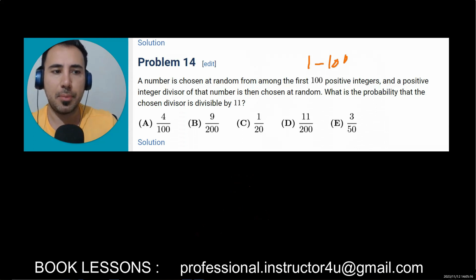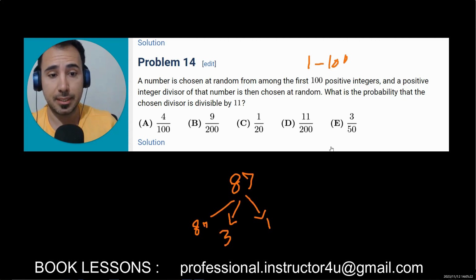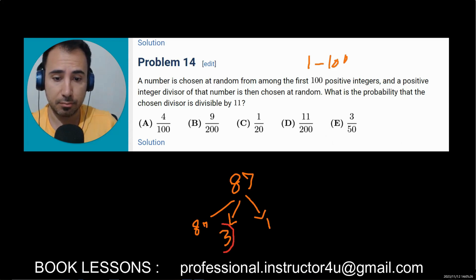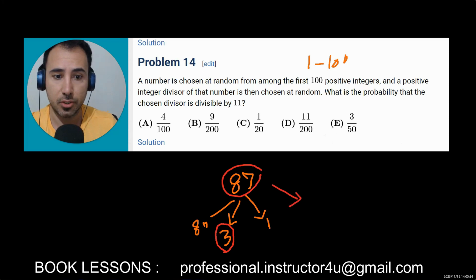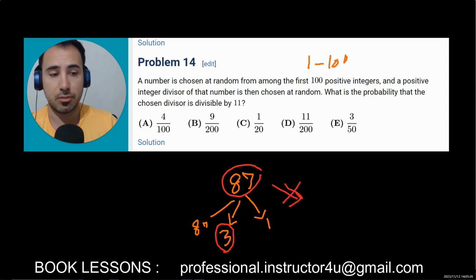What is the probability that the chosen divisor is divisible by 11? So for example, in this case, what is the chance that the number that we chose here is 11? If we choose 87, 11 is not a divisor of this. So there's no chance.